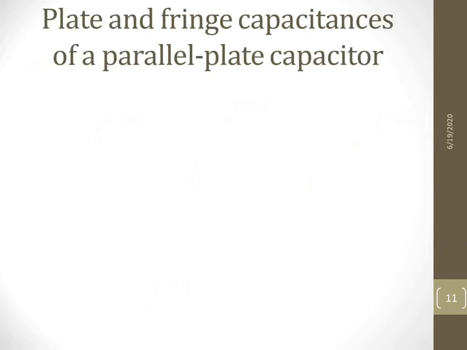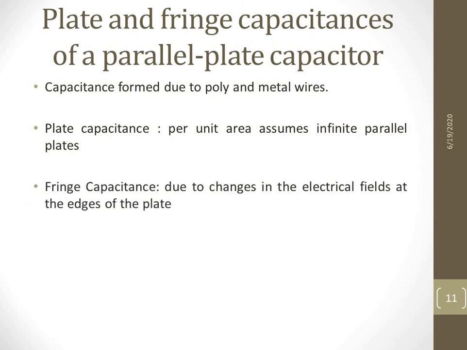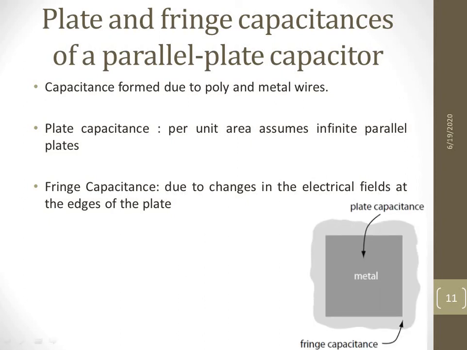Now what are plate and fringe capacitances of a parallel plate capacitor? This is the capacitance formed due to poly and metal wires. Plate capacitance is per unit area and assumes infinite parallel plates. The fringe capacitance is due to changes in the electrical field at the edges of the plate. You can see here this is the metal plate.